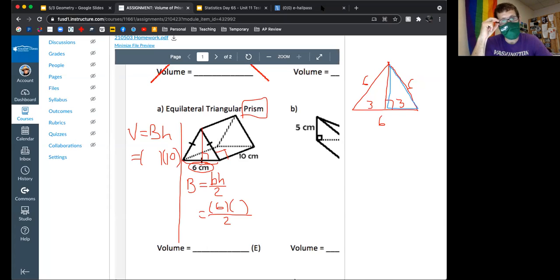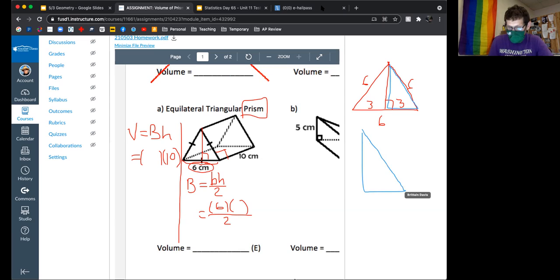Whenever we introduced the whole idea of a 30, 60, 90 triangle, we introduced it by splitting an equilateral triangle in half. So that's what's going on right here. So if we look at this, let me draw this triangle a little separately. You don't have to show this much work when you're doing this on your own, but it's good to see it here. Now I can see that's 3, that's 6. And can anyone tell me what the long side right here is going to be?